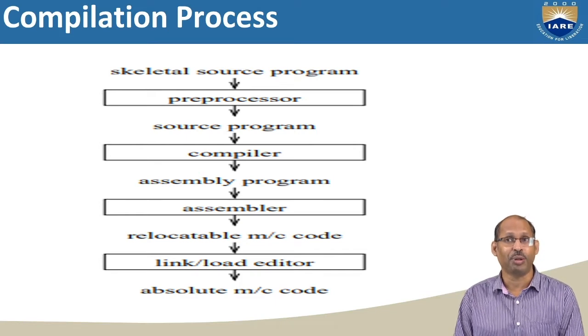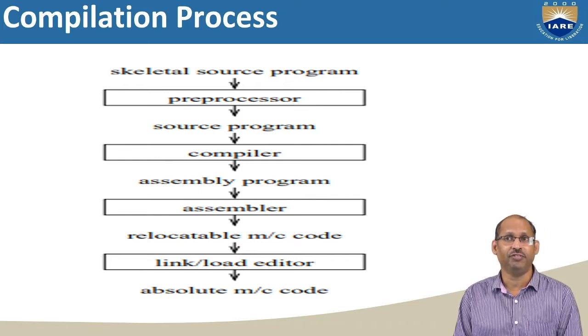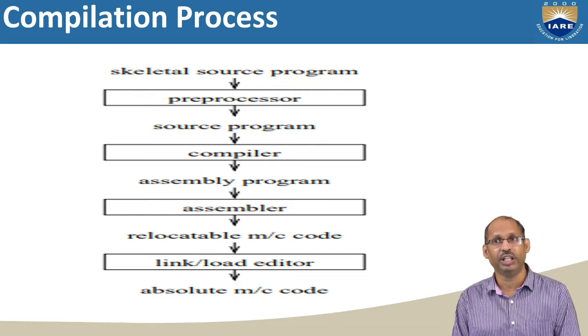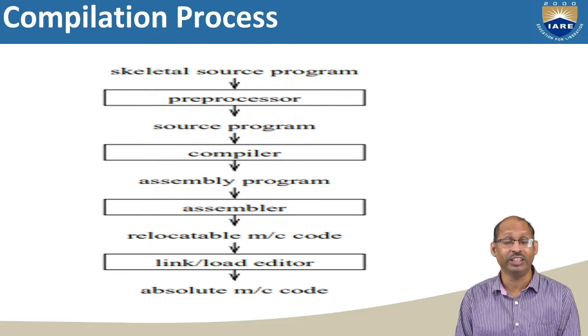The symbols, memory references, register references, and instruction codes are all converted from assembly programs to machine code ones and zeros. Here, the assembler generates relocatable machine code so that the object code can be moved from one place to another, one location to another, one system to another. It cannot be executed directly. It needs a linker and loader.